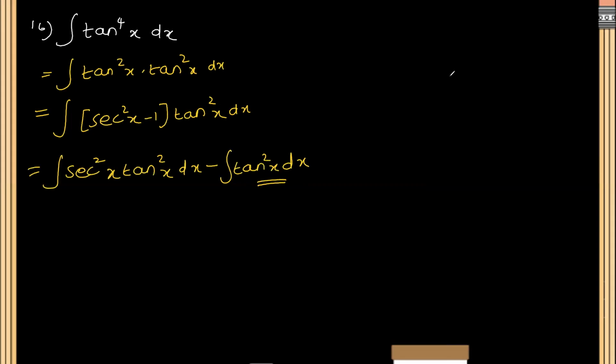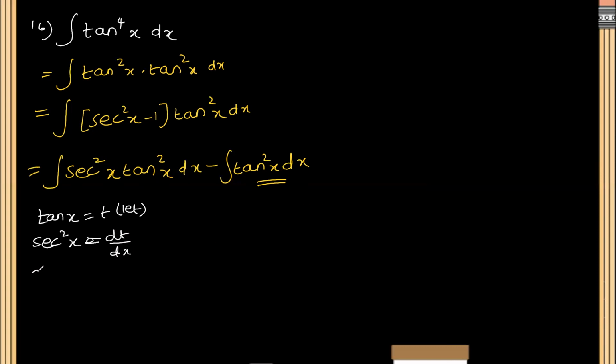So here again we make use of the trigonometric identity, and in this first integral we use the substitution method. Taking tan x as t and differentiating both sides with respect to x, we get secant square x equal to dt by dx.